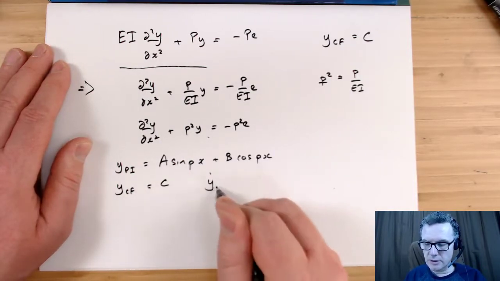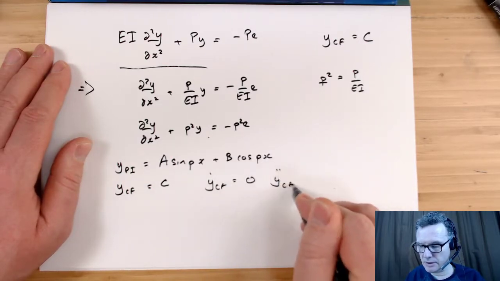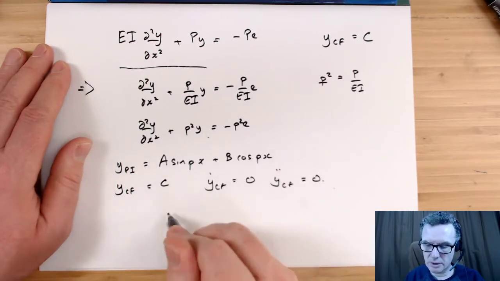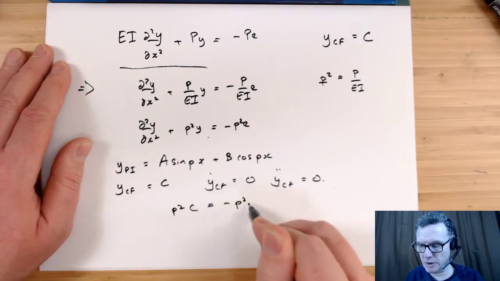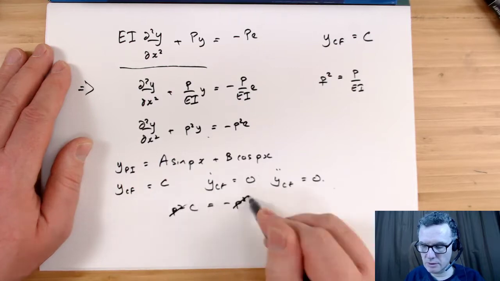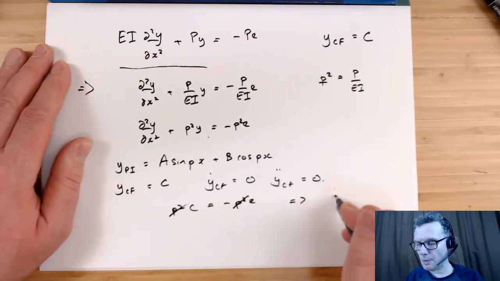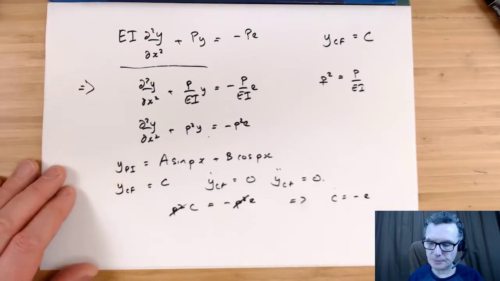So the first differential is 0, second differential is 0. Let's put these values into here, and that gives us p squared c equals minus p squared e. So c equals minus e.